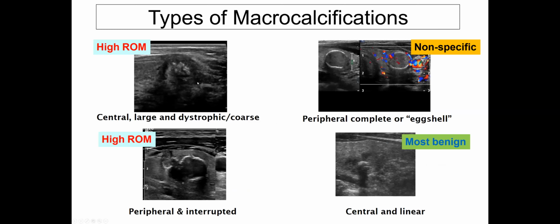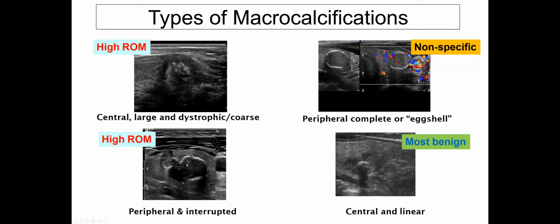Some of the other ones are calcifications. So large and dystrophic calcifications, and you can see here this big area of calcification. Here is an encapsulated nodule with a capsular calcification which has been interrupted, as compared to this one, where there is eggshell calcification, but it is not interrupted.